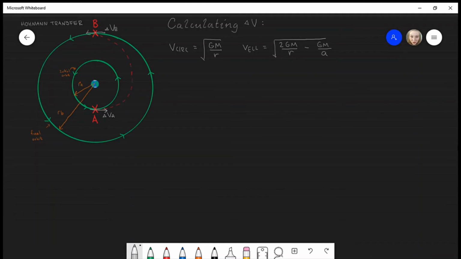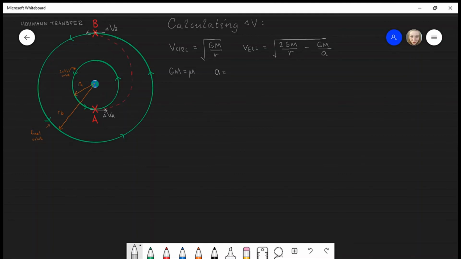In our example, it's the Earth, and it's a satellite going from one orbit to another, but it could just as easily be a heliocentric system where the Sun is at the centre. In that case, if it's heliocentric, the mass would be the mass of the Sun. A is the semi-major axis of the transfer ellipse. R is the radius of the orbits. I'm going to write GM as mu, but I'm also going to express A in terms of Ra and Rb.